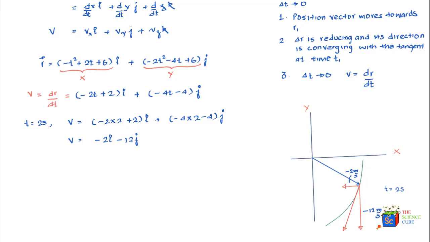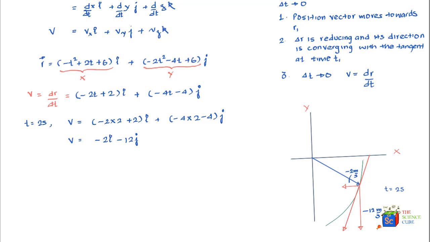If you extend this line in the reverse direction, you'll find that it's a tangent at this point. So we found the instantaneous velocity in a mathematical way, and when we plotted it on the graph, we saw that it's just what we've just discussed, that it's tangent at that time, and that's instantaneous velocity.